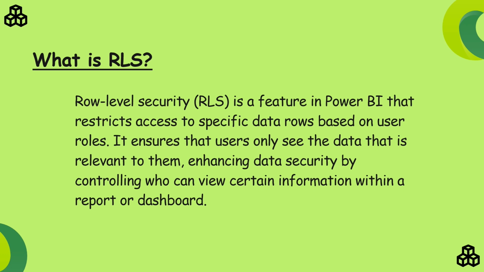So these are the KPIs and this is relevant information for the sales team only. It is not relevant for the marketing team, the HR team or the finance team. So here we use RLS, which is row level security.